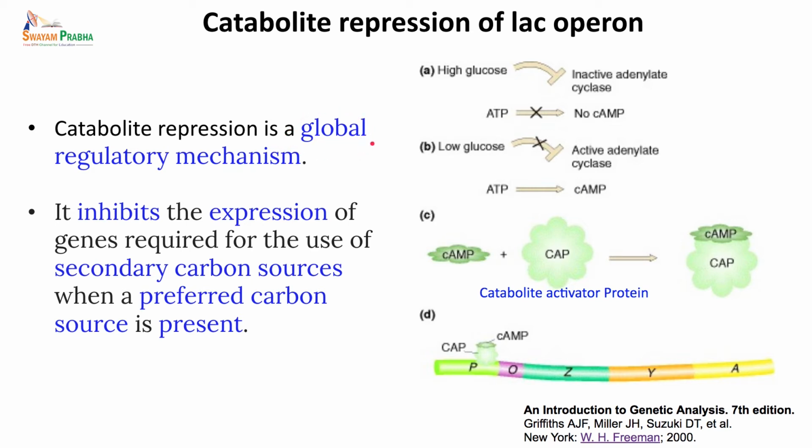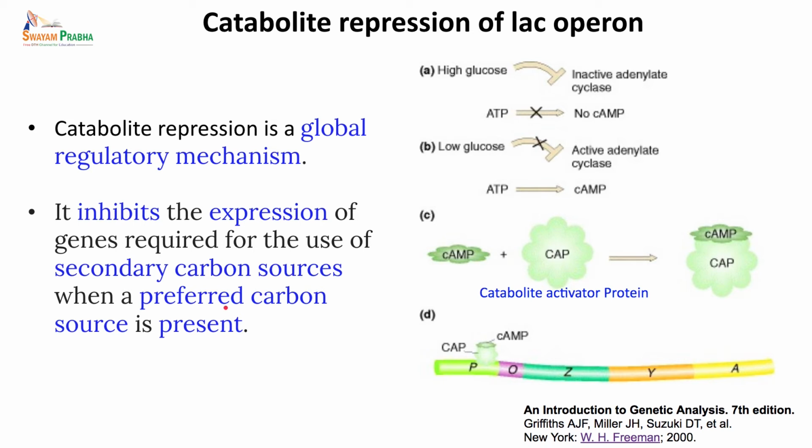Many things are under this regulatory mechanism. And essentially what this achieves is that it will inhibit the expression of those genes which are required for the use of some secondary carbon source when a preferred carbon source is present.